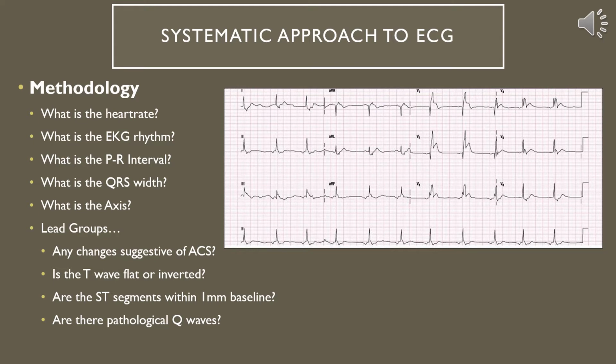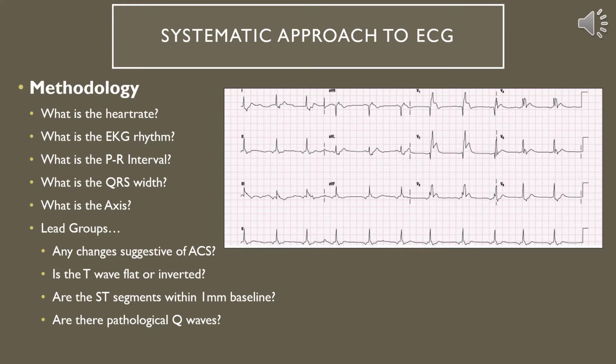But as you're going through and evaluating each EKG, we're going to first talk about what's the heart rate, looking at all of the little red squares and counting that up. What's the rhythm that we're seeing for the patient?